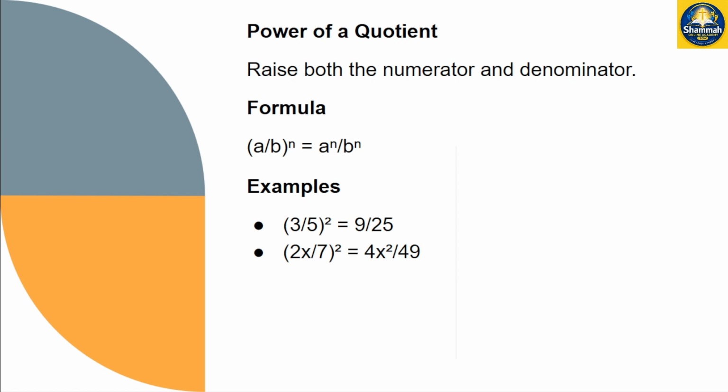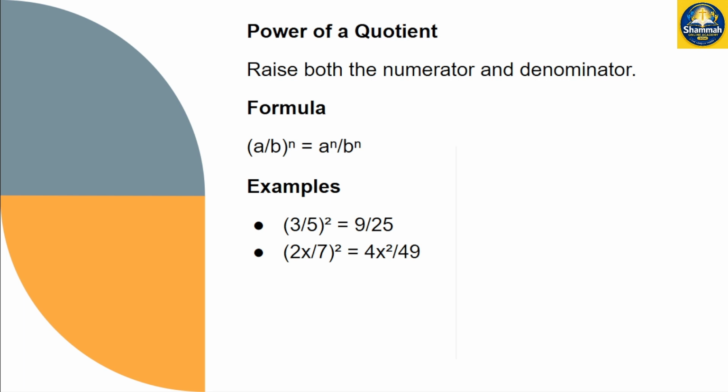For example, (3 over 5) in brackets raised to power 2. That will give us 3 raised to power 2 over 5 raised to power 2. What is 3 raised to power 2? 3 raised to power 2 is 9 and 5 raised to power 2 is what? 25. So our answer will be what? 9 over 25.